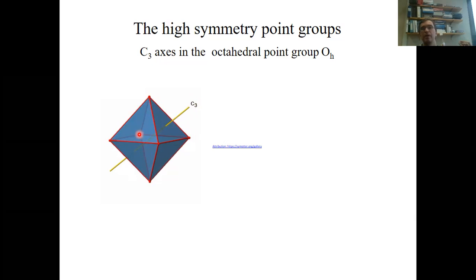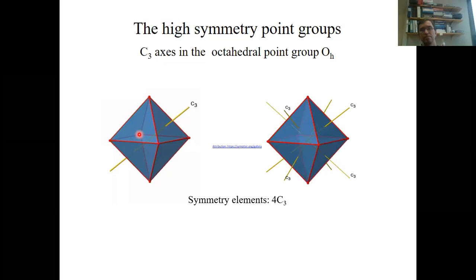So we should have 8 over 2 is equal to 4 C3 axes. Okay, and you see them all 4 here. So this is the first one that we saw already. Here is the second one. Here is the third one. And here is the fourth one.